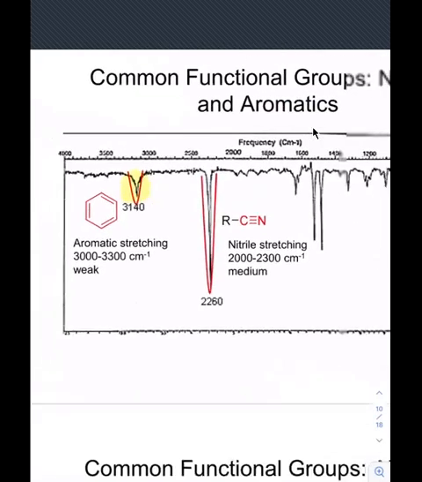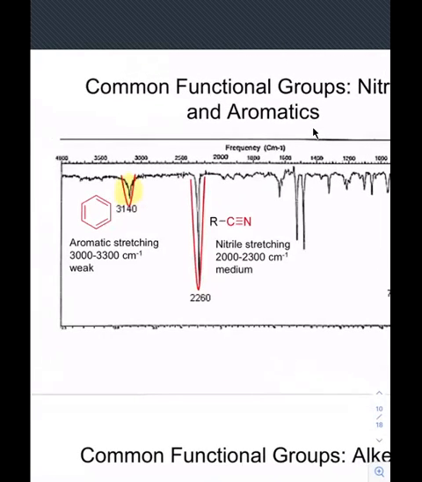Now look at the other stretches that are showing up. Would it be a weak stretch since it's not stretching far? Yeah, it's a very weak stretch.